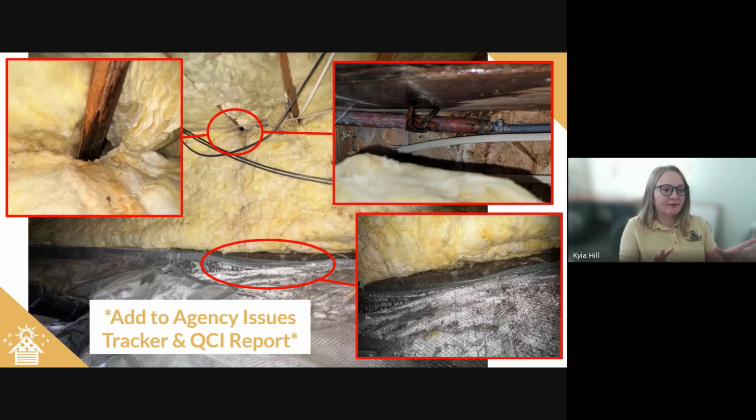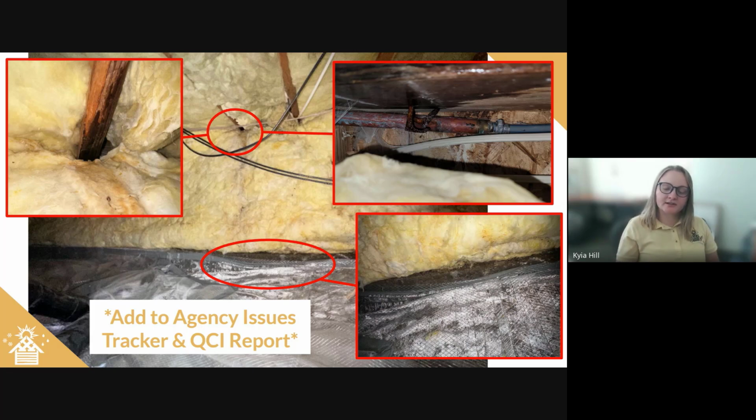That was the whole point of me bringing this up, is that I investigated, and if I was the QCI on this job and this was there, what would I do? I would be investigating it the way I just showed you guys. One, I'm going to go look around the whole crawl to make sure, because we installed the measure, I want to make sure it's sealed. And then if I come across something, I'm going to look at that.